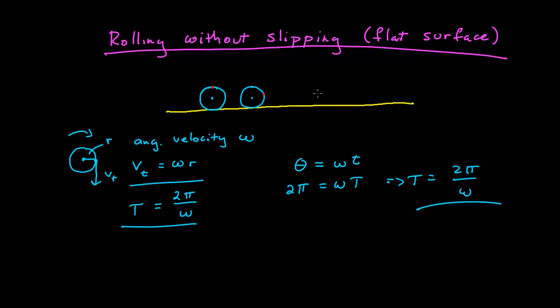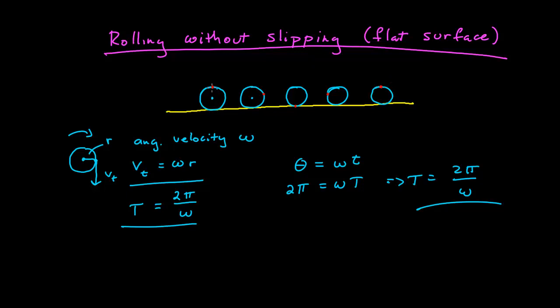This is the center. Sometime later, it's rolled and this spot has made it to the bottom. Sometime later, it's rolling back around. The spot has made it back up over here, say, and then sometime later the spot has made it all the way back to the top.